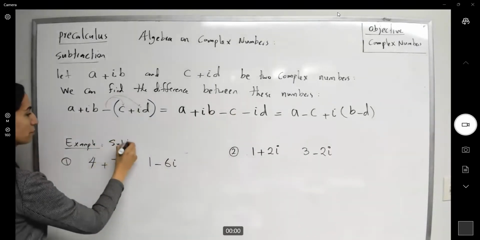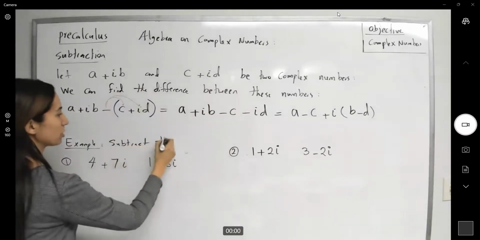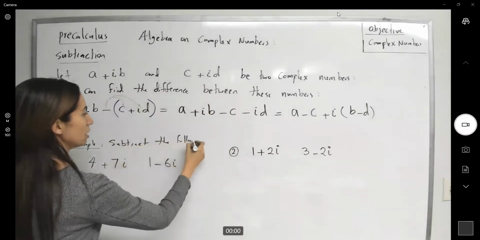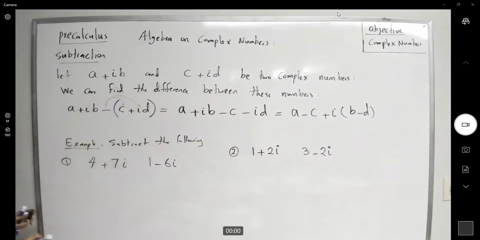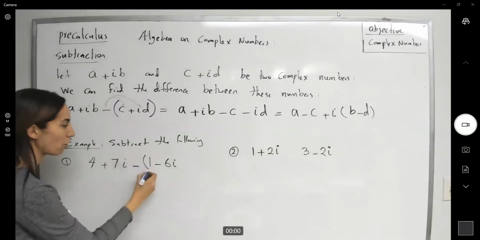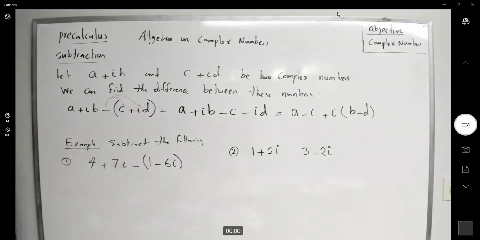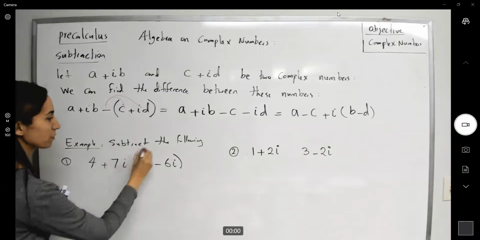Subtract the following. The first complex number minus, guys, be careful. When you have subtraction, always put the second complex number in parentheses. Then you have to distribute the negative sign into the parentheses, so distribute.